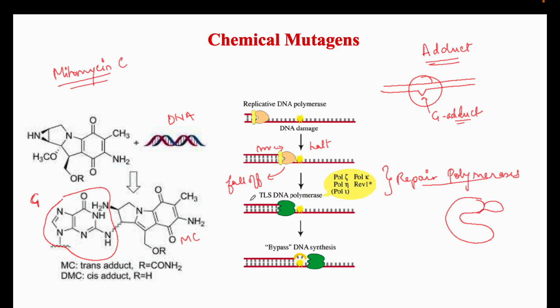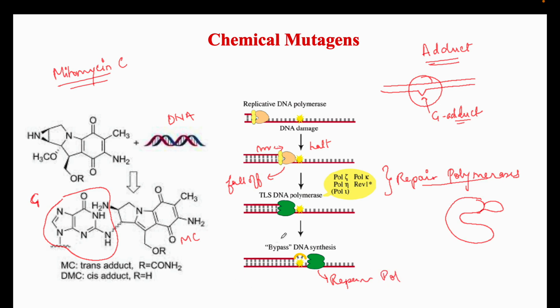So these TLS DNA polymerases can bypass this. Okay, they are able to bypass this adduct, right? They are able to bypass this adduct, and then after bypassing this, repair polymerases, they'll fall off.